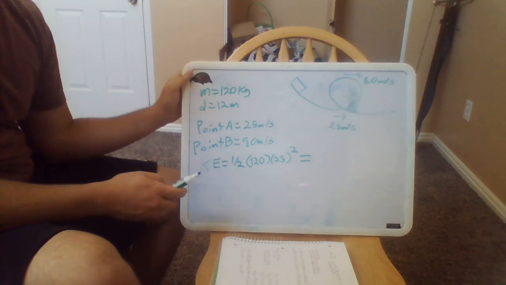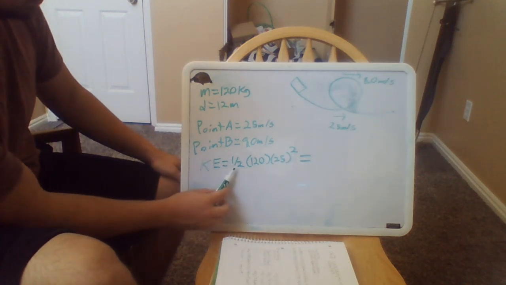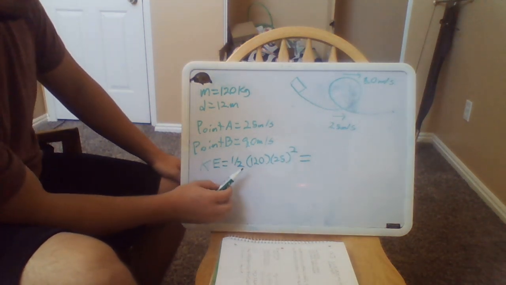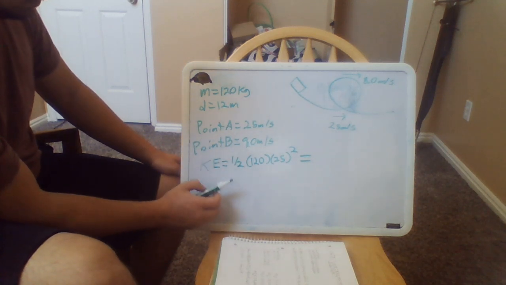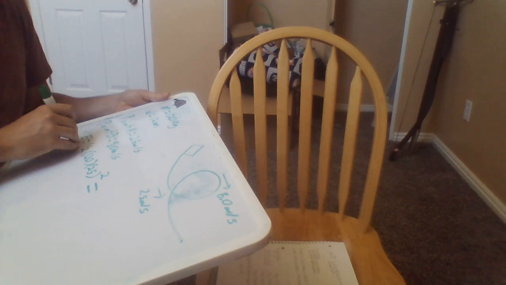So we're going to be using KE equals 1/2 mv squared, and we're going to be using this equation several times. We just plug in, and this is our kinetic energy for the bottom.